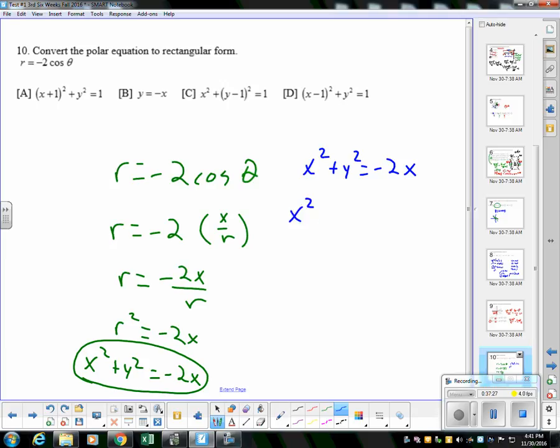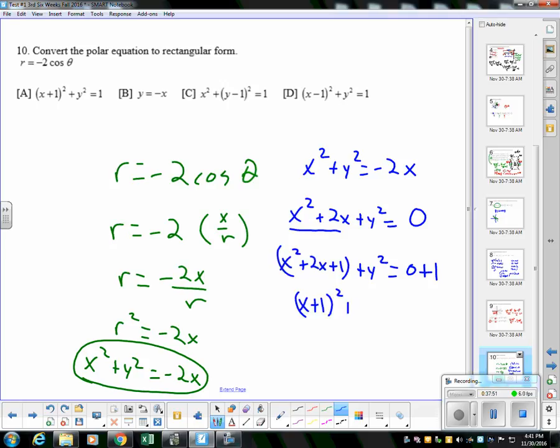X squared plus 2x plus y squared is equal to 0. I'm going to complete this square here. X squared plus 2x plus 1 plus y squared is equal to 0 plus 1. Okay? So now, x plus 1 squared plus y squared is equal to 1.